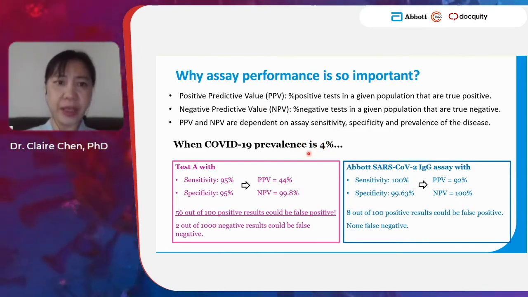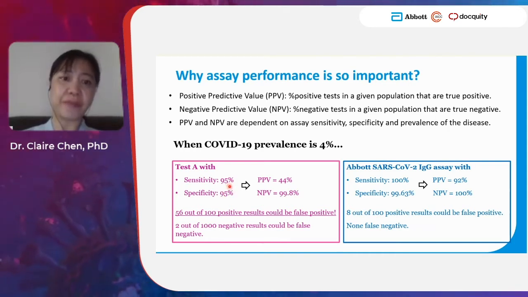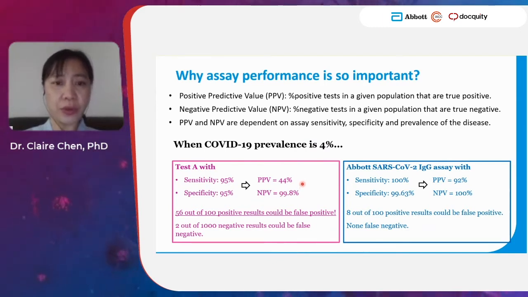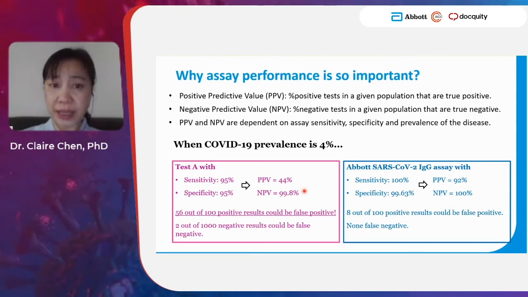If you use test A with a sensitivity of 95% and a specificity of 95%, which looks quite good because both are 95%, right? Yet when you calculate the PPV and NPV with the prevalence of 4%, you will only have a PPV of 44% and an NPV of 99.8%. So what does that mean?